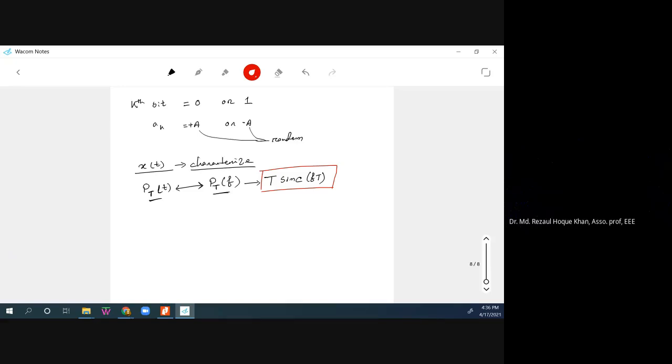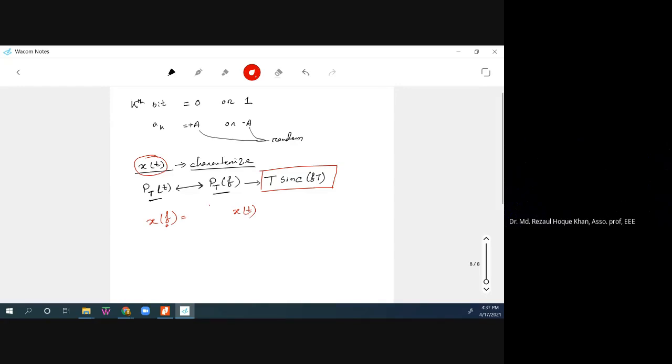I got it from its original signal, x(t), by characterizing this x(t). Remember X(f). Now imagine this is a time domain signal x(t), and I want to convert it to the Fourier domain. So the time domain is converted to the frequency domain.